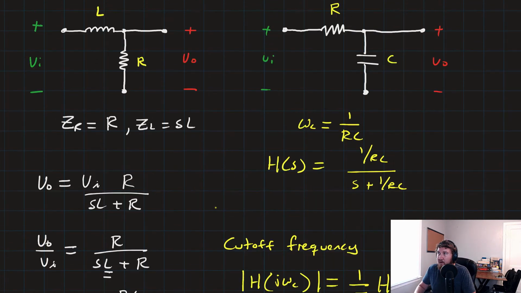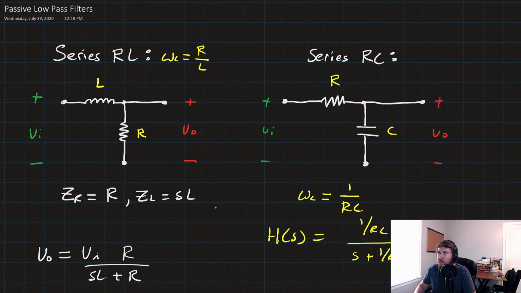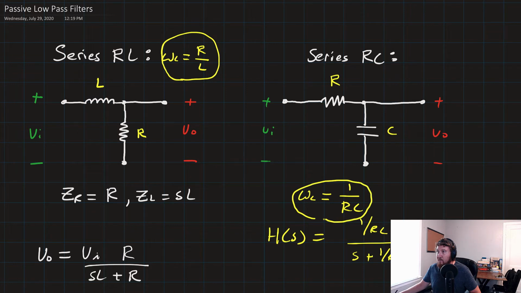So there we go. I think that is it for our low-pass filters. So we have series RL, series RC. For series RL, the cutoff is omega c equal to R over L. And for the series RC, omega c is equal to 1 over RC.